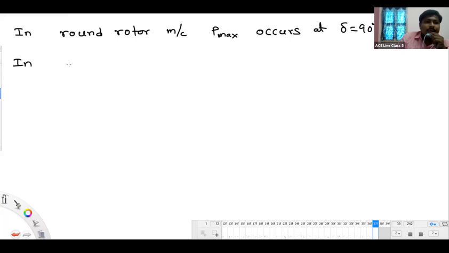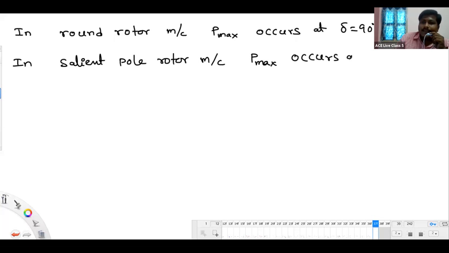Whereas in a salient pole rotor machine, P max occurs at how much angle? Delta less than 90 degrees. We are going to get the P maximum at delta less than 90 degrees. Okay. Right.